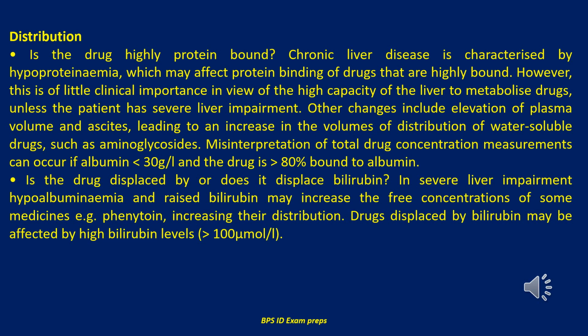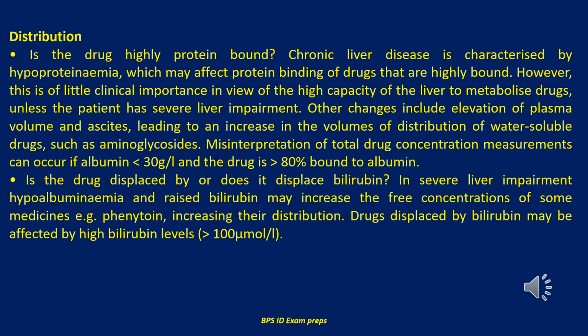Other changes include elevation of plasma volume and ascites, leading to an increase in the volumes of distribution of water-soluble drugs, such as aminoglycosides. Misinterpretation of total drug concentration measurements can occur if albumin is below 30 grams per liter and the drug is above 80% bound to albumin. 2.